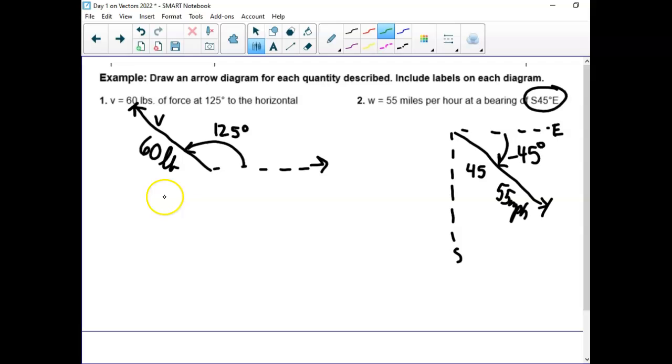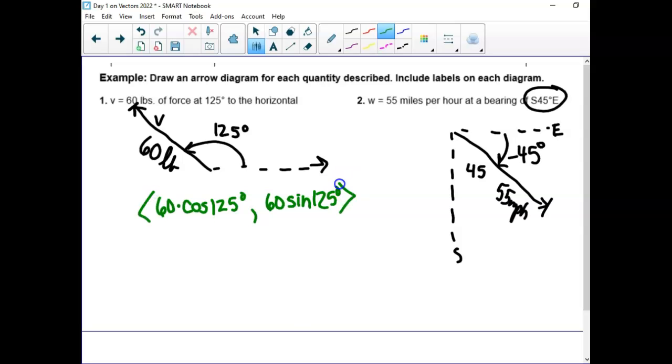What is our r, or length of the vector? 60. And we're going to multiply it by the cosine of the angle off the x-axis, which is 125. And then we're going to do 60 times the sine of 125 to find the y component.